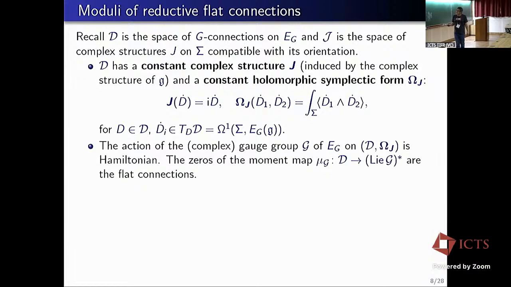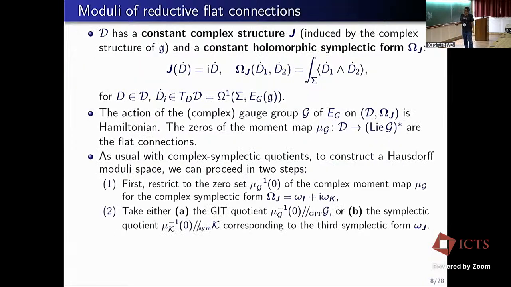And there is a complex moment map for the canonical action of the complex gauge group here, okay? And Nigel already calculated that the vanishing of the moment map is flatness of the complex connection.